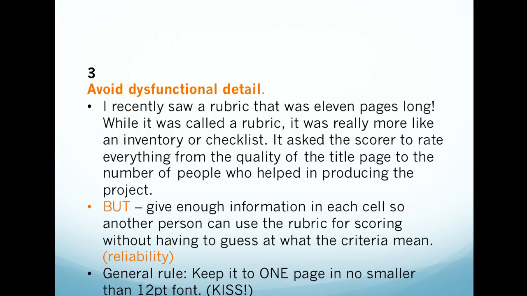So don't put things in it like good punctuation. That's not going to be a scoreable piece. You need to be much more specific than that. If you want some piece of grammar to be in it that shows excellence in the use of that particular skill, you need to say what that skill is going to be in the rubric. And you might go back and look at the 6 traits writing rubric to check that out.